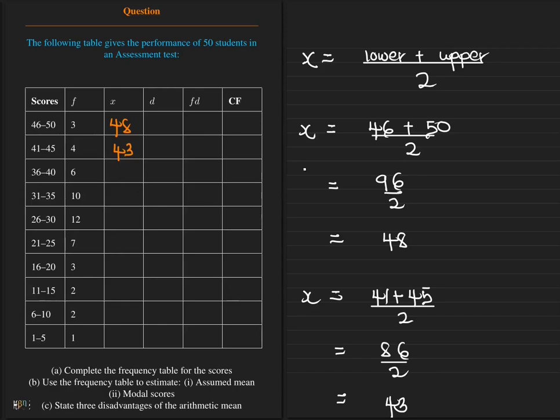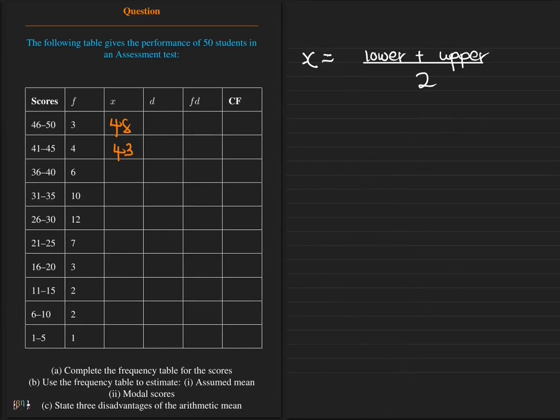So let me do these two and then we can move to the next. So for the next one, we have 36 plus 40. That gives us 76. Not forgetting the divided by 2.